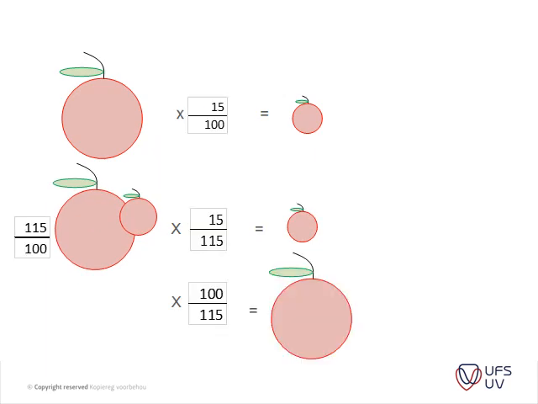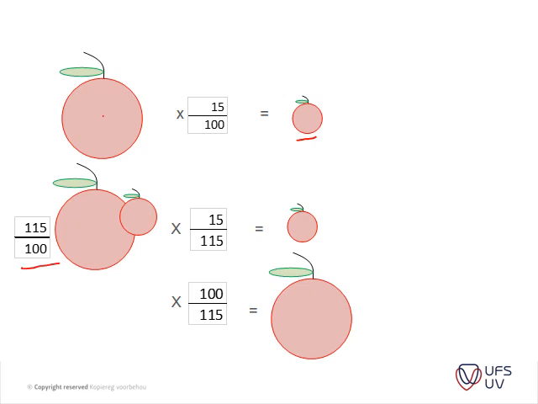So basically, here's what I wrote out. Here you've got your apple. You times it with 15 over 100, which is 15%, and you get 15% on this side. That's very good and well, no problems there. But here you've got your 115 over 100.